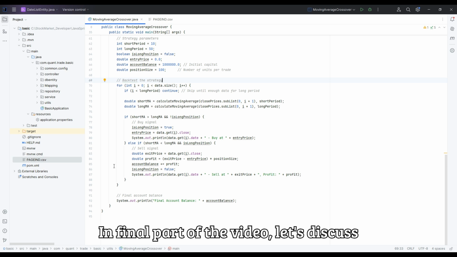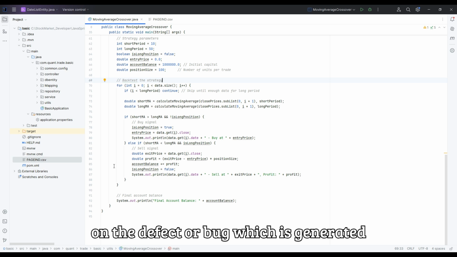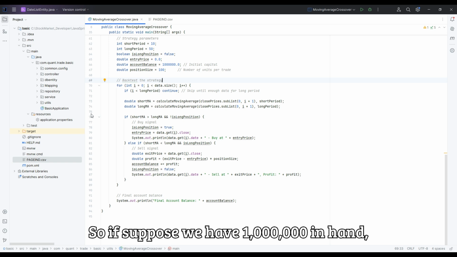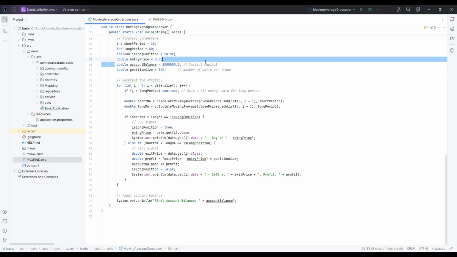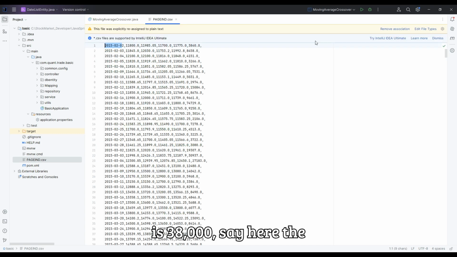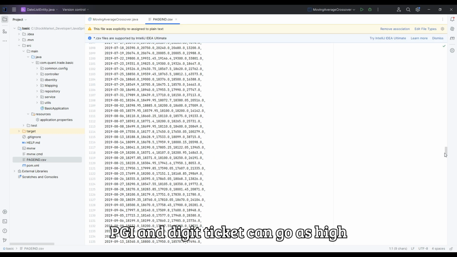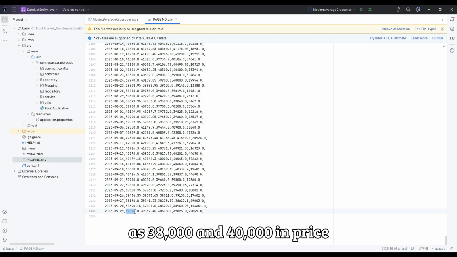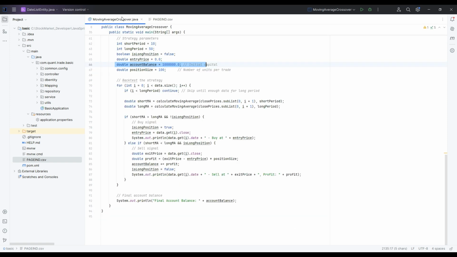In the final part of the video, let's discuss the defect or bug which is generated by this AI tool, which has generated this code. Suppose we have 1 million in hand as the account balance, and the stock price is 38,000. Say here the PAGEIND ticker can go as high as 38,000 to 40,000 in price range.